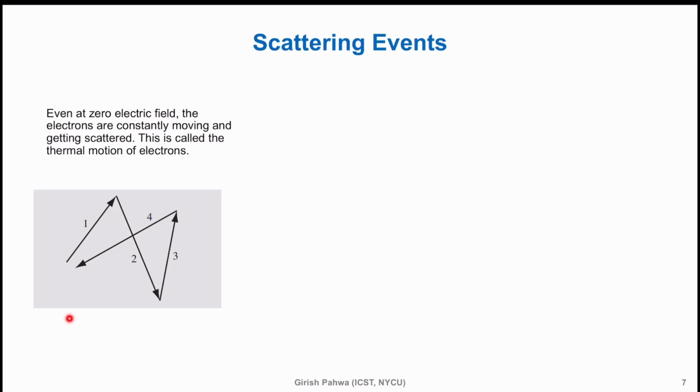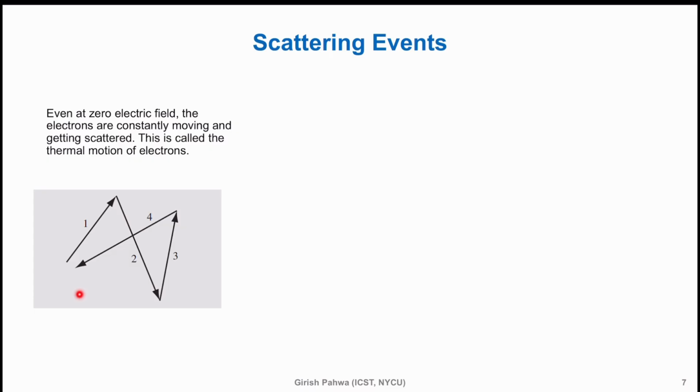In total you can say the electron has not moved at all on average. Yes, it moved, but then it encountered some scattering and came back. Statistically speaking, if you take the average of all the electrons, you will see that there is no net current at any cross section.